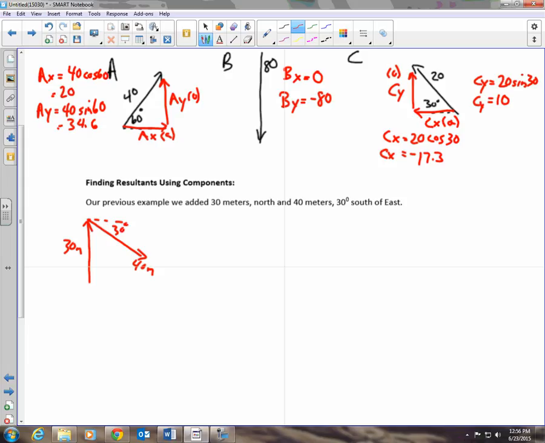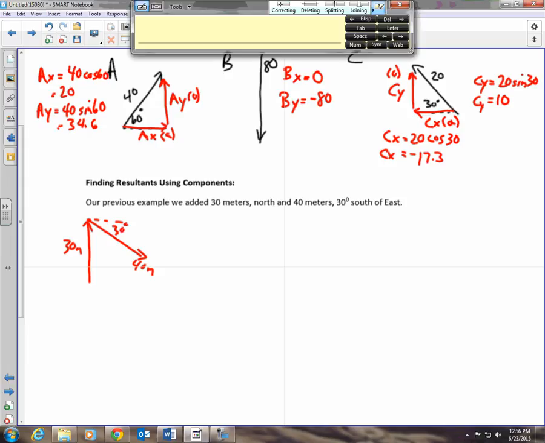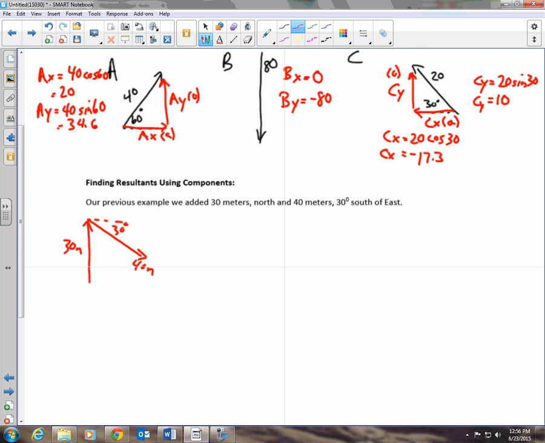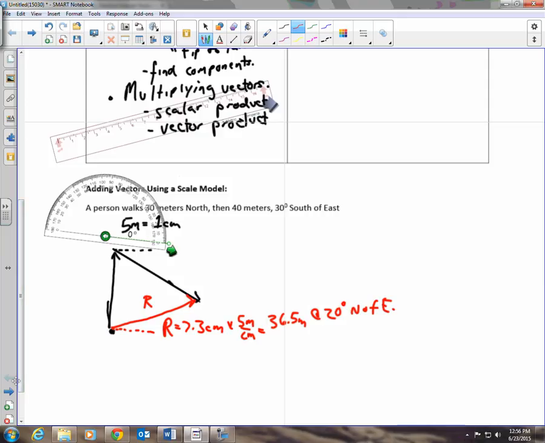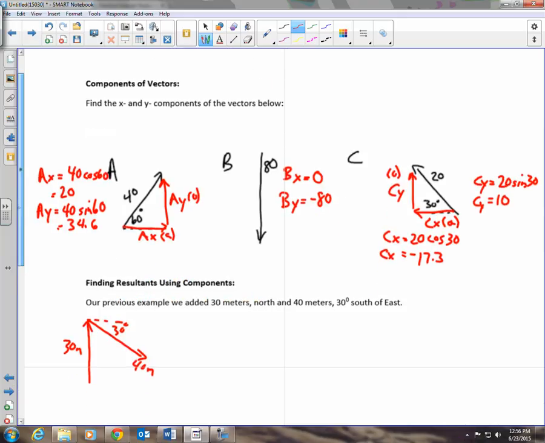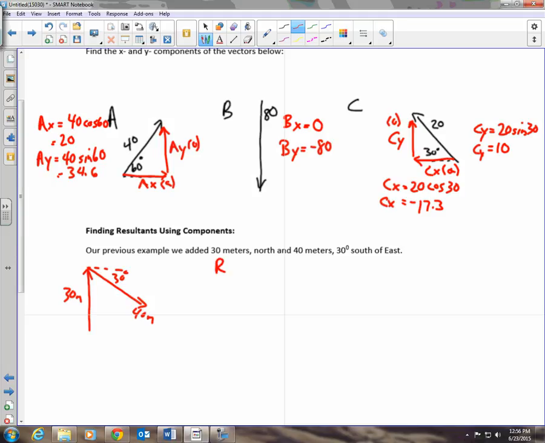And if we remember, our result for that was about 36.5 at 20 degrees. So we should find that the result is about 36.5 meters at 20 degrees north of east. When we do it with components, we should get the same value.